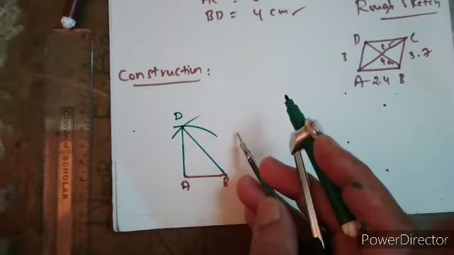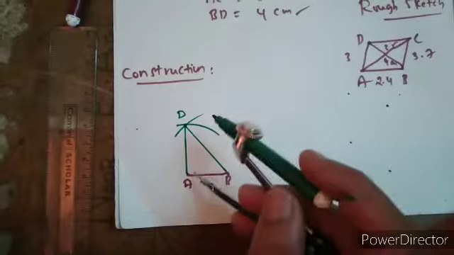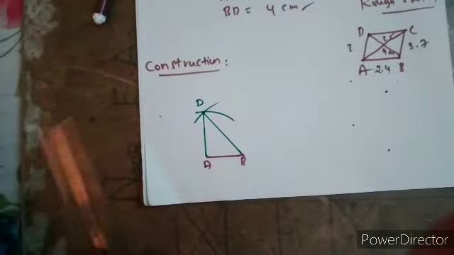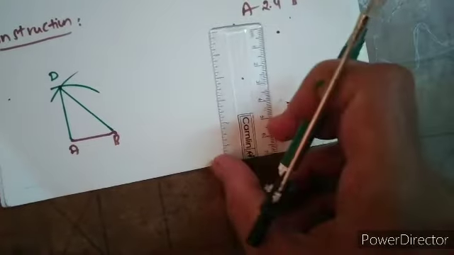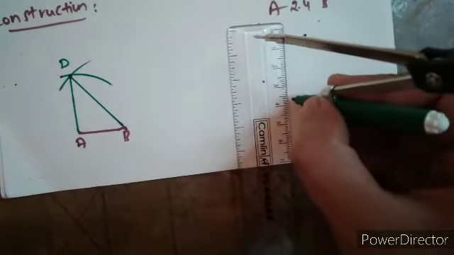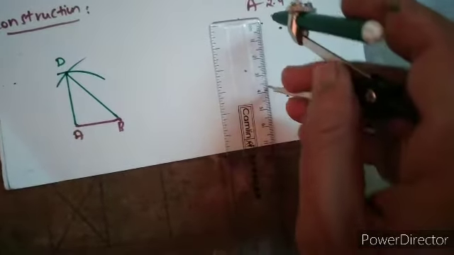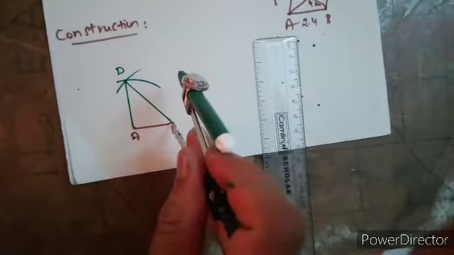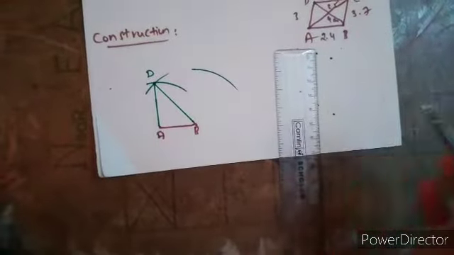Now we need to get one more point C here. How to get that one? BC line segment and AC line segment. How much is BC? 3.7. So you can take the scale of 3.7 on the compass. This is the 3.7 line, and this is the starting line. So you can take the measurement of exactly 3.7, and you can draw one arc from here. Next we have AC line segment.